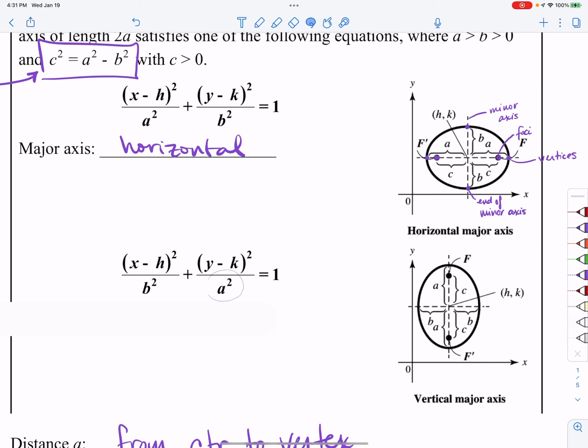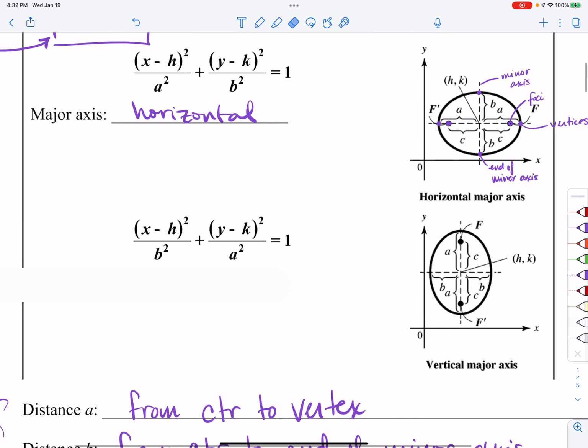On the next one, because A is associated with the vertex, which is associated with the major axis, the larger denominator is under the y's. So when it's under the y's, my ellipse is going to be up and down. It's going to be vertical.